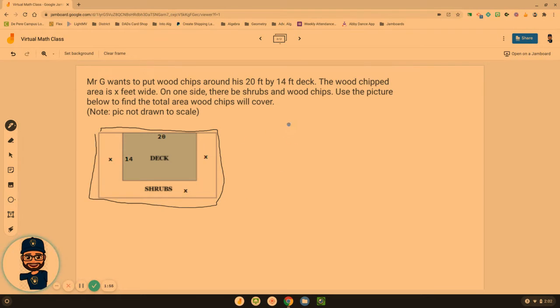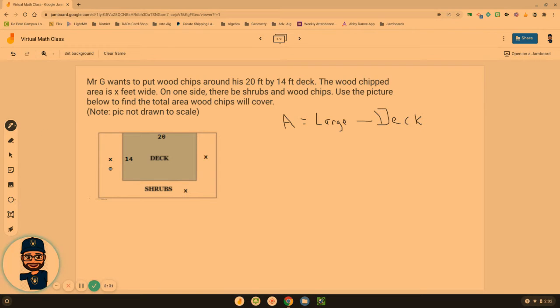So the area that we are truly looking for, capital A, equals this large area minus the deck, because the deck sits on part of that large area. So I need to figure out this whole large area, take away the area of the deck. Let me erase some of these lines so that we can write the dimensions of this whole large area.